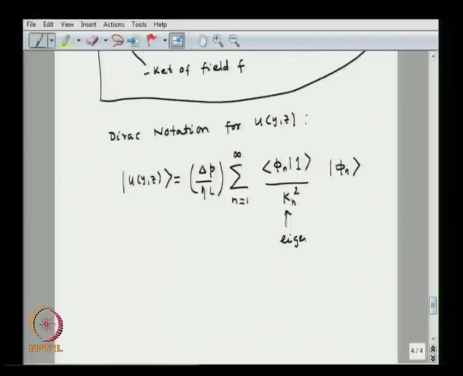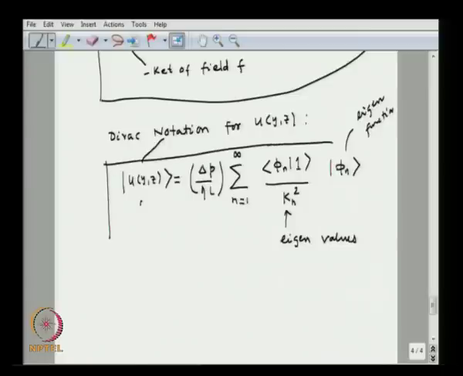So, these are the eigenvalues, and these are the eigenfunctions, and this is the Dirac notation for the velocity field. Okay. So, this is a general solution for the velocity irrespective of the cross section that we are talking about.